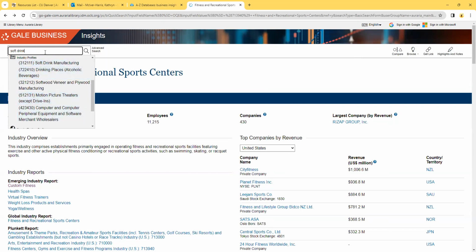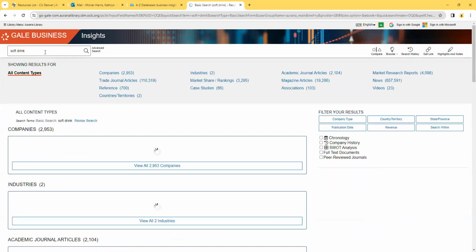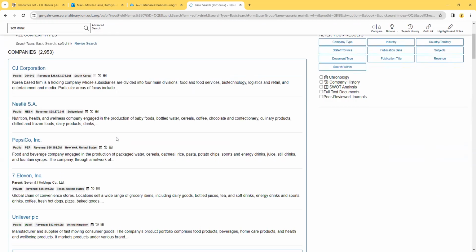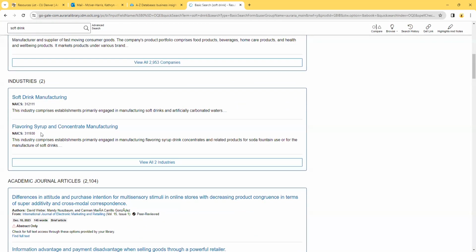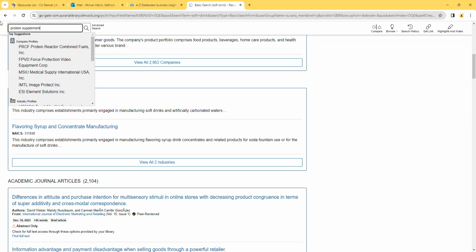Let's go ahead and press enter to see if there's something that's a better fit than soft drink manufacturing. All right, so we've got a couple of industries here: soft drink manufacturing and flavored syrup. Probably not the best fit for what we're looking for. Let's go look for protein supplements.